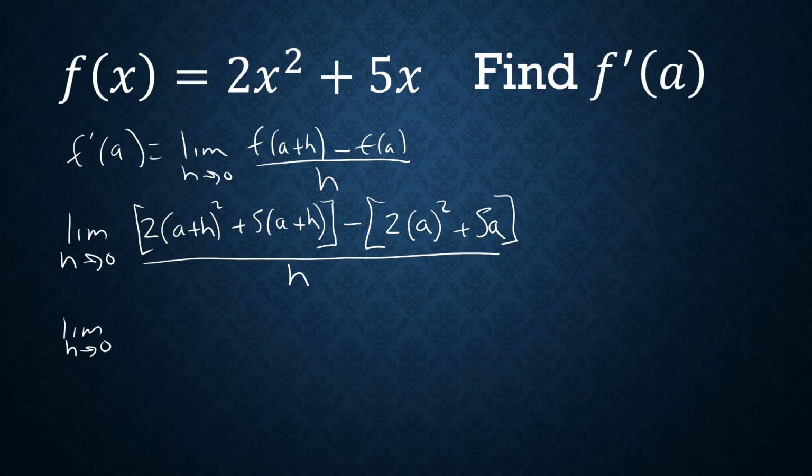Now we multiply the a plus h quantity squared. It's going to give me a squared plus 2ah plus h squared. And multiply out the 5, I get 5a plus 5h. Then I have minus 2a squared and minus 5a.